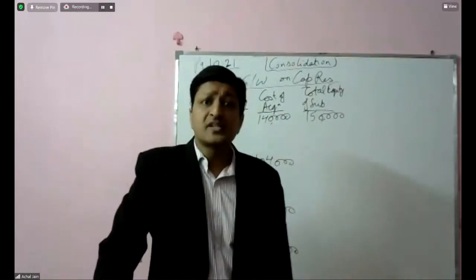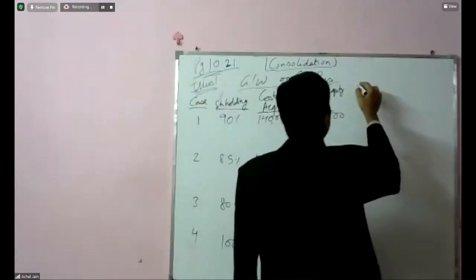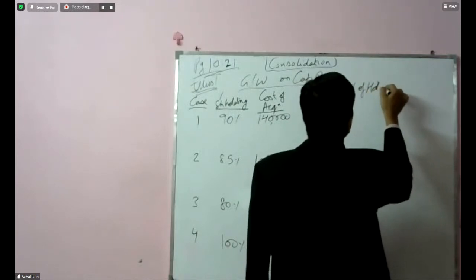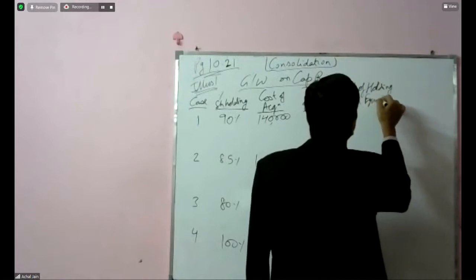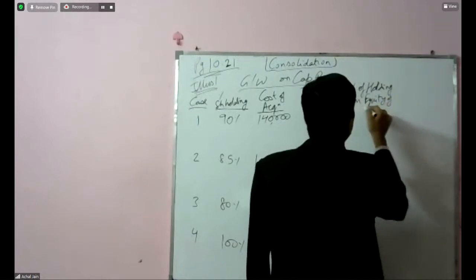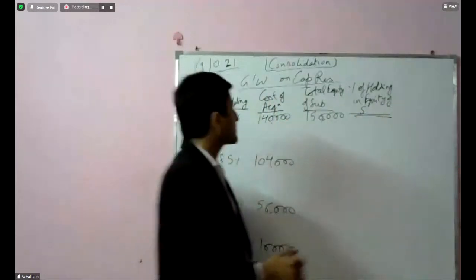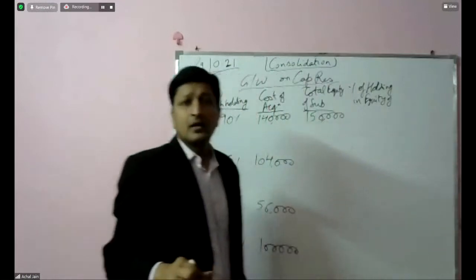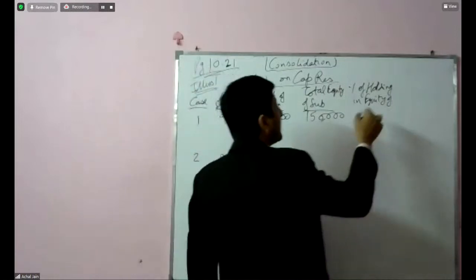Out of this, what is the portion of the parent? What is the percentage of holding in equity of S? 90%, correct?